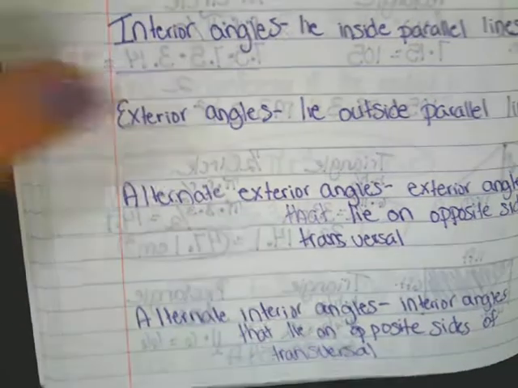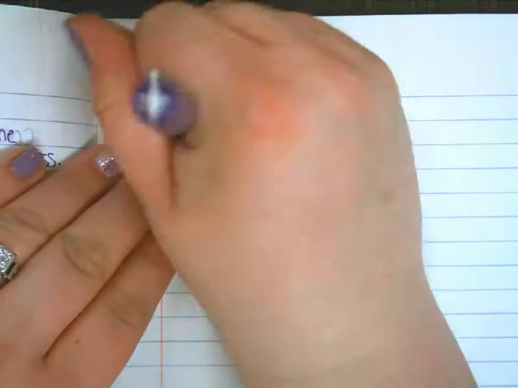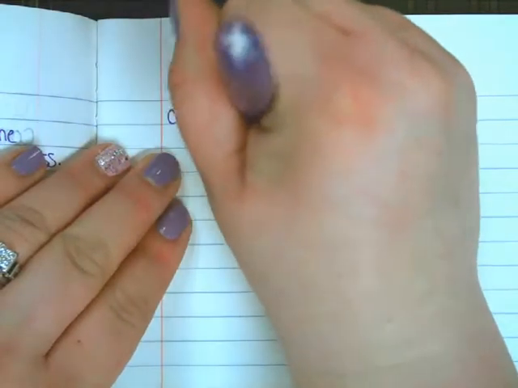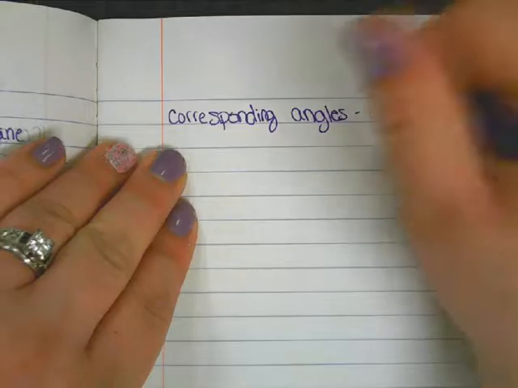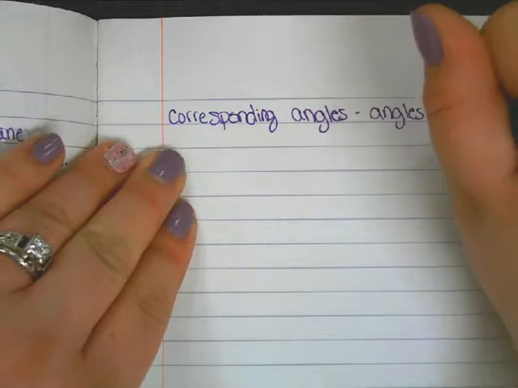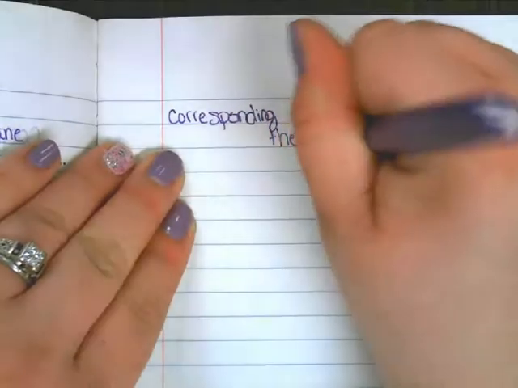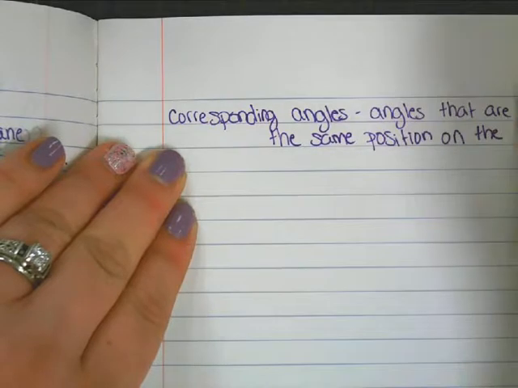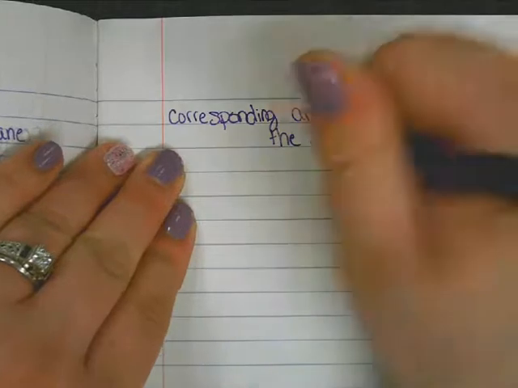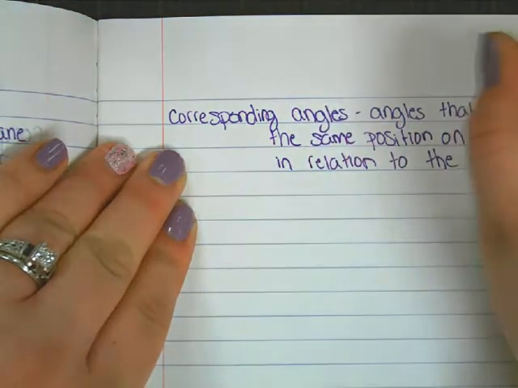Let's go on to corresponding angles. So corresponding angles are angles that are in the same position on the 2 lines in relation to the transversal.